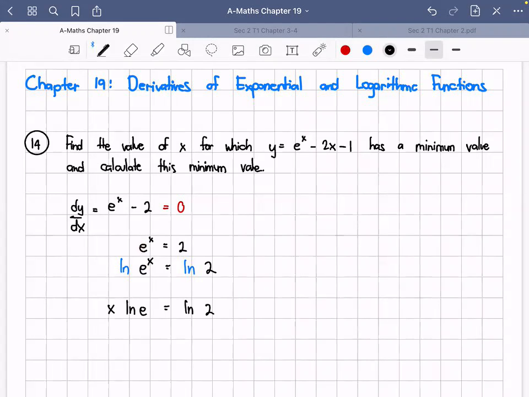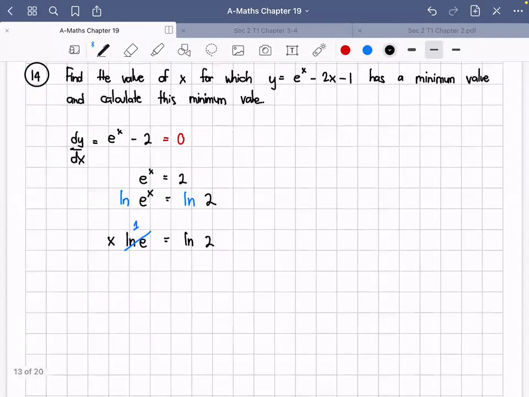Okay, so in this case, ln of e is equal to 1. If you check your calculators, that's equal to 1. So basically, we only have x. So x is equal to ln of 2, or in your calculator, what is that? Okay, so that is 0.693.